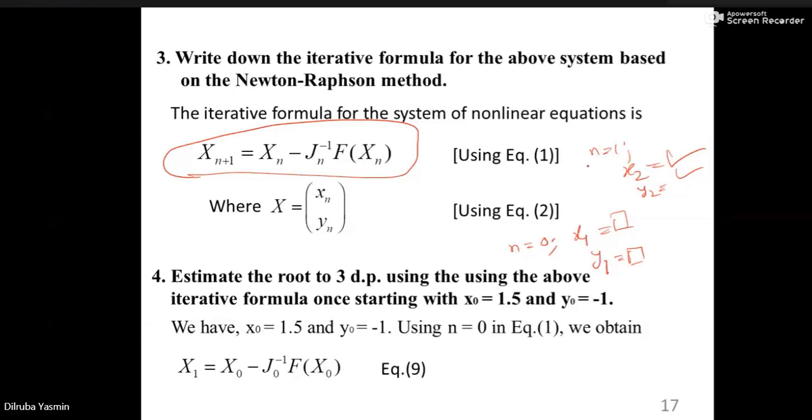So come to this specific problem. If you consider n equal to 0, then you will get x suffix 1, this is equal to x naught minus J inverse for n equal to 0 times the function matrix for n equal to 0. Just substitute n equal to 0 everywhere. What do you get?